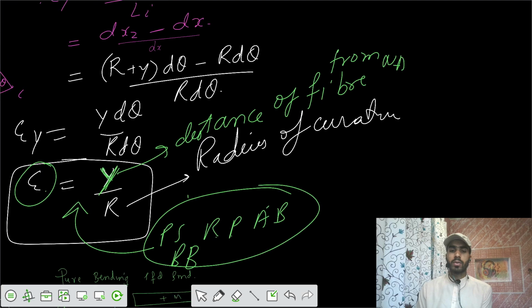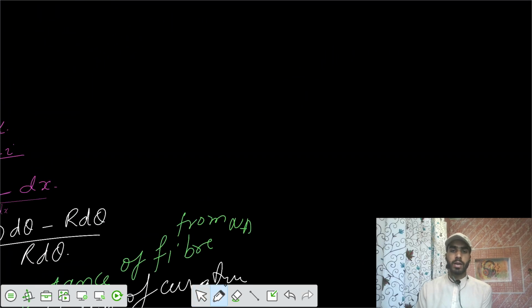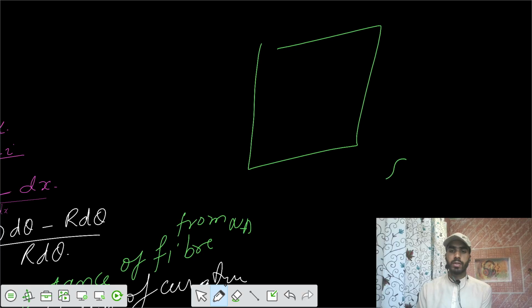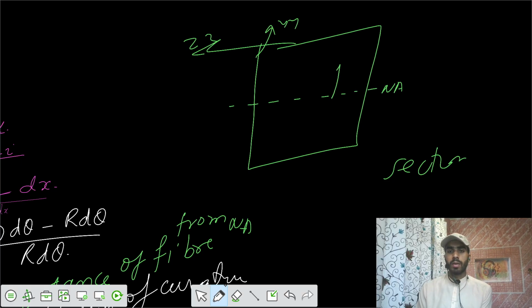Say you have this section, this is the z direction and this is the y direction. If you go from the neutral axis to any point y downwards, you have a strain here that is a function of y.